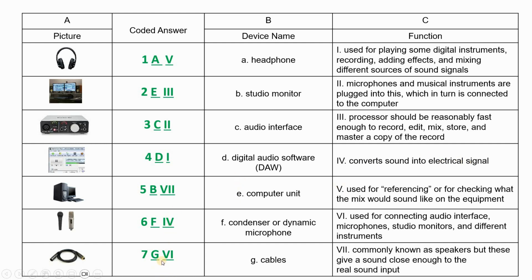The seventh and the last item over here is actually cables, and its function is to connect audio interfaces, microphones, studio monitors, and different instruments to each other. This completes the table, and what you have here are 7 items or 7 points. How many did you get? All right, hopefully you got a lot of items over here.